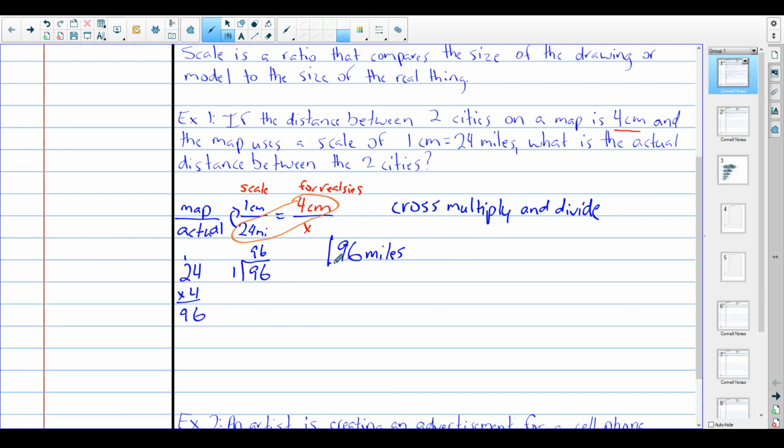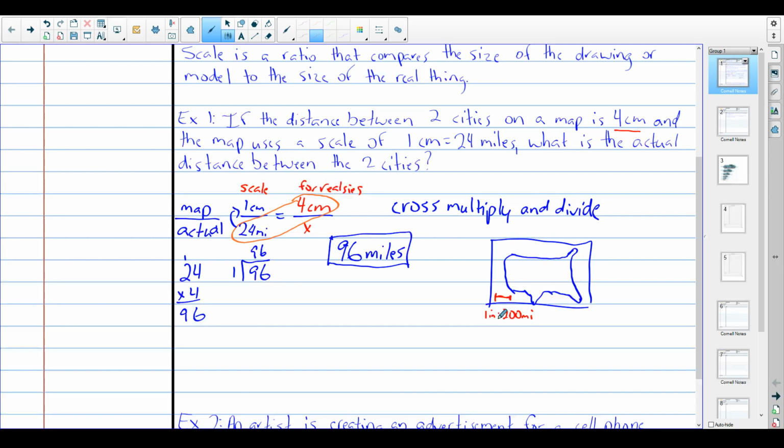This one was pretty straightforward because I gave you all the numbers. But what you might have to do, if you're in social studies, you've probably seen it, is if you have a map of someplace, say I draw someplace nice here, in the bottom left corner there'll be a little bar, and it'll say 1 inch to, I don't know what this scale would be, this looks like 200 miles.